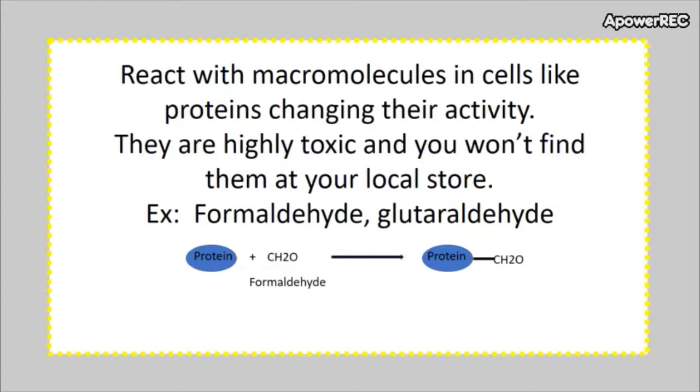Often these are proteins, and when they react with them, they tend to just bind to them, and the reason why they're called alkylating is because they're actually alkyl groups. An example would be formaldehyde and glutaraldehyde. And so here's a protein and here's the formaldehyde, and they react forming this protein formaldehyde complex, and in doing so it changes the properties of this protein, and that's why they're found to be toxic.